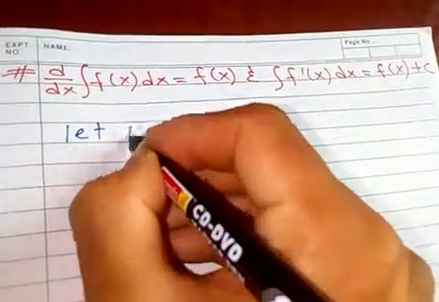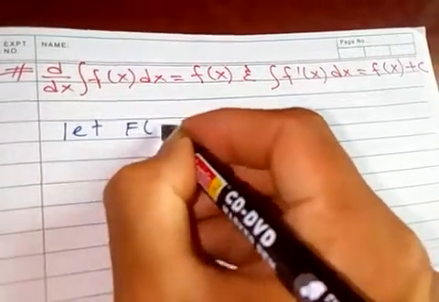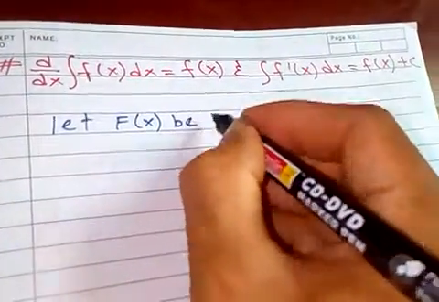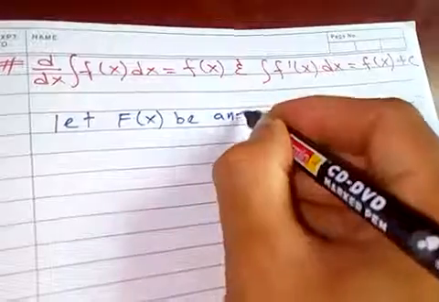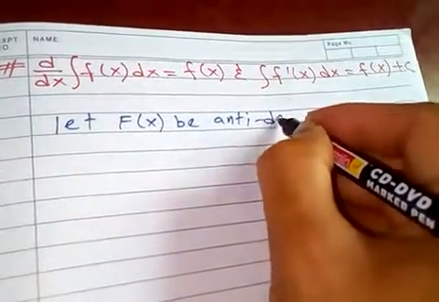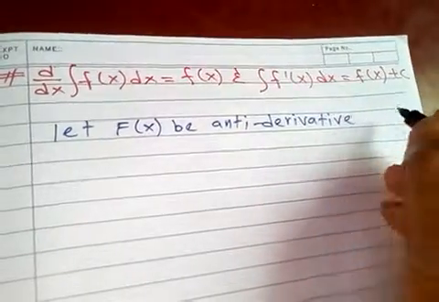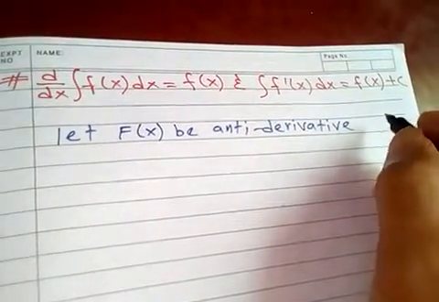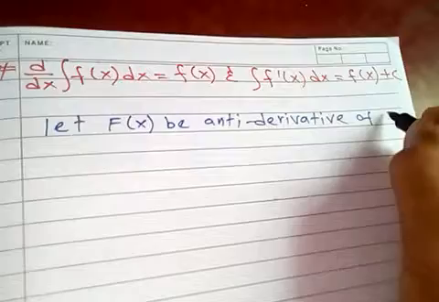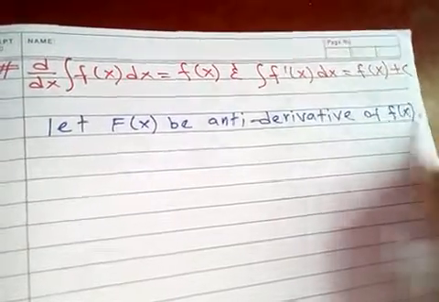So first of all, let capital F of x be an antiderivative of this function f of x.